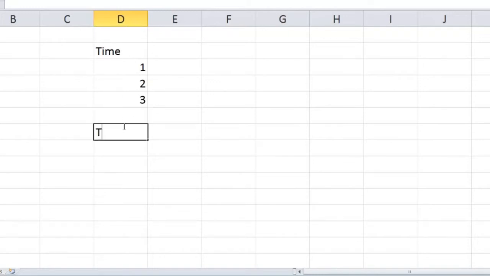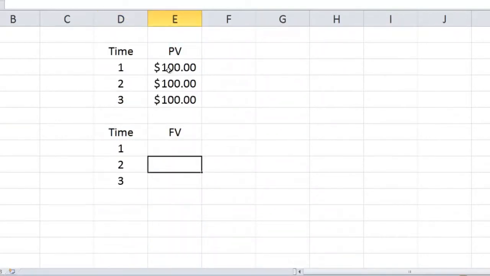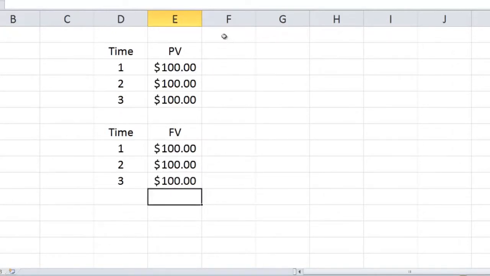We'll just do 3 period examples. We'll do 1 future value and 1 present value. And because we have annuities, we'll have the same cash flow here. And in both cases, we'll assume i equals 6%.